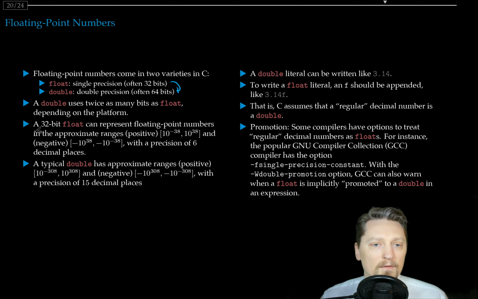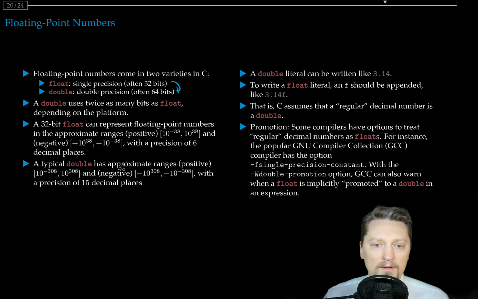A 32-bit float can represent floating point numbers in the approximate ranges for positive numbers 10 to the negative 38 to 10 to the positive 38, and negative numbers from negative 10 to the 38 to negative 10 to the negative 38, with a precision of 6 decimal places.